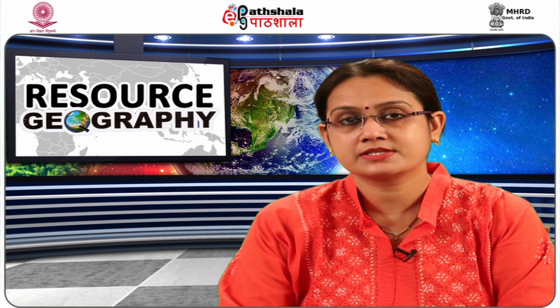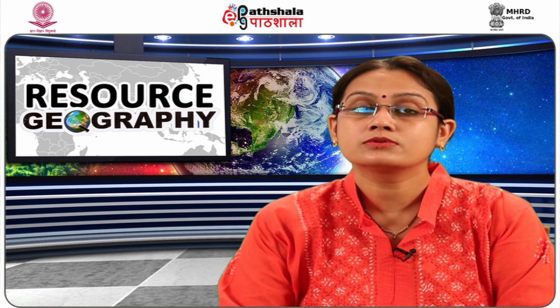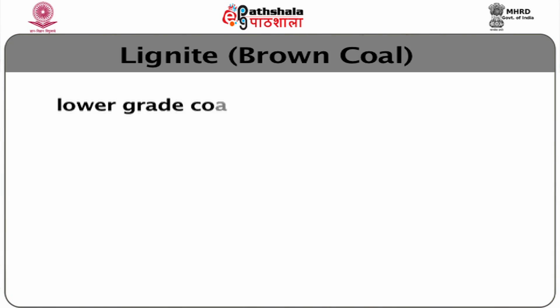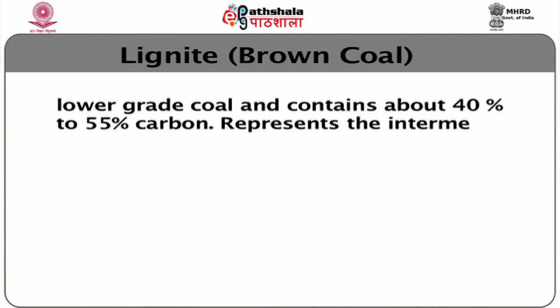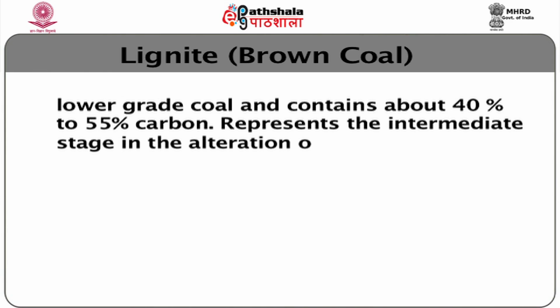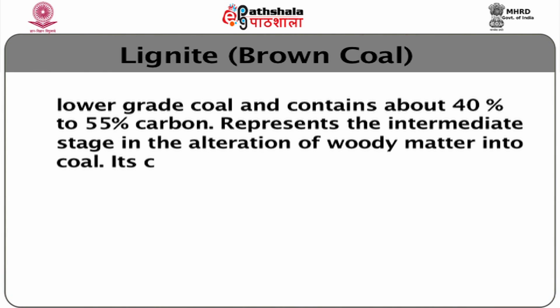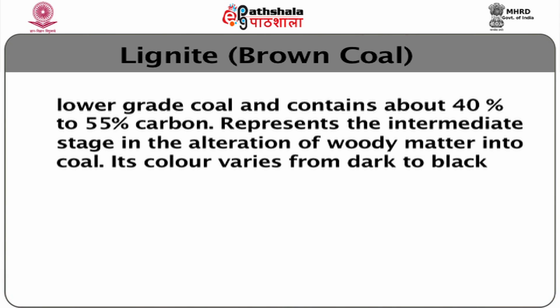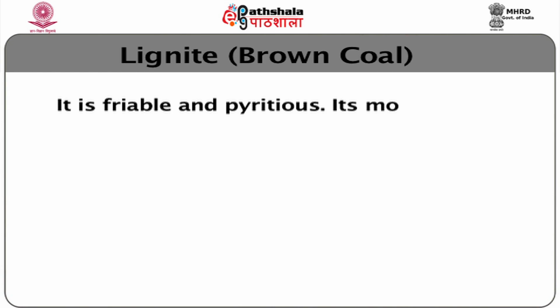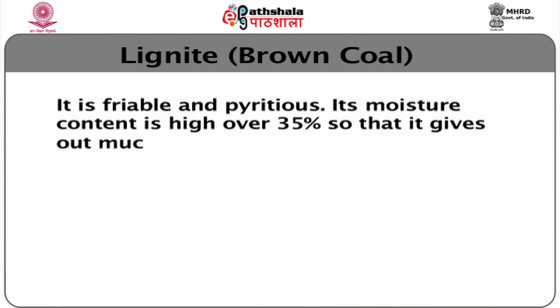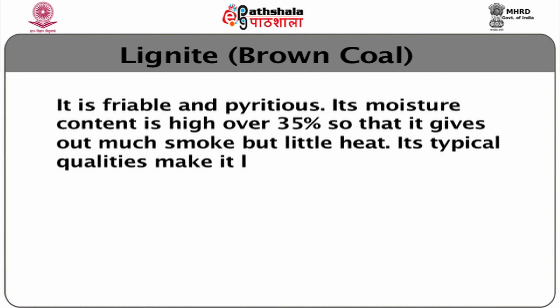Lignite, as the name suggests, is also called brown coal, a lower grade coal that contains about 40 to 55% of carbon. It represents the intermediate stage in the alteration of woody matter into coal. Its color varies from dark to black brown. It is friable and pyritous. Its moisture content is high, above 75%, so that it gives out much smoke but little heat.